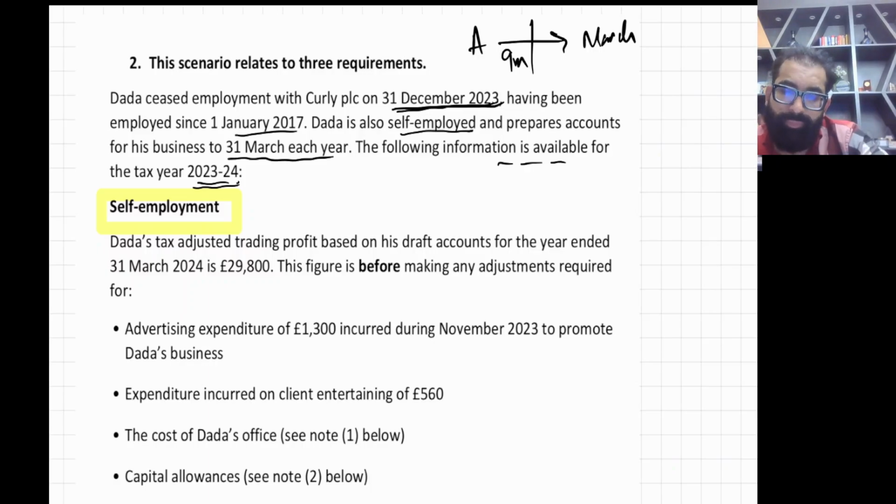Dada's tax adjusted trading profit based on his draft accounts for the year ended 31st March 2024 is 29,800. This is before making any adjustments required for the following.